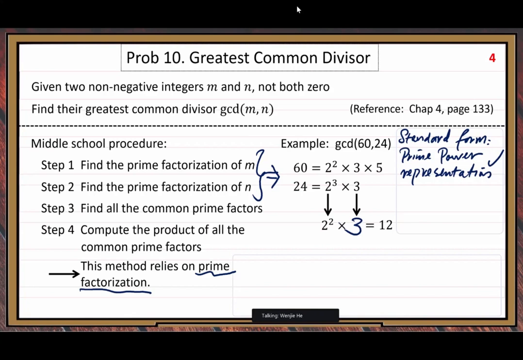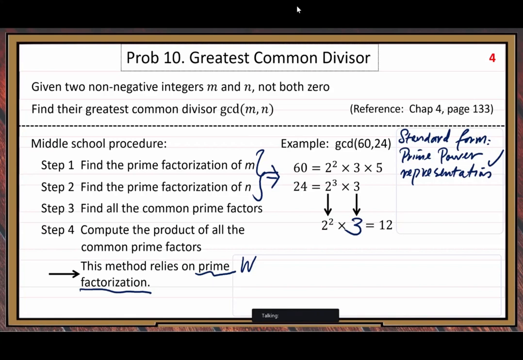But the question is, is this a good method? The question is, when n and m are very large. Because in middle school, nobody considers the large m and n case, since you do not need to do prime factorization on large integers.